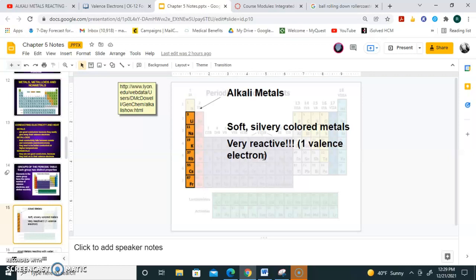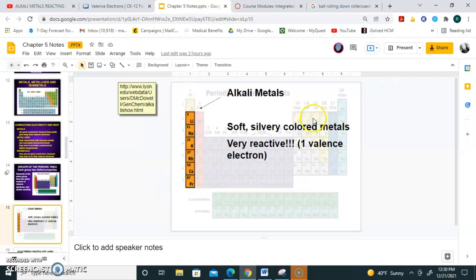As every other atom on the periodic table wants to have a full octet, meaning 8 valence electrons in their outermost energy level. The easiest way for the alkali metals to achieve that is to give away their one valence electron, which makes them very reactive.